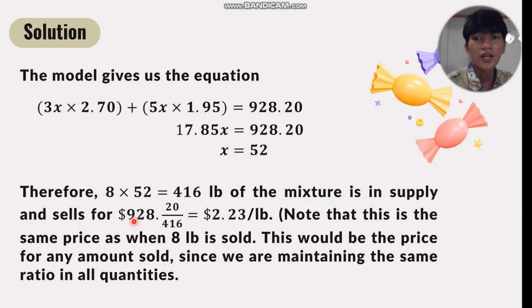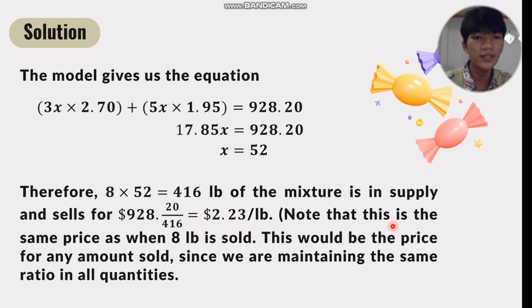$928.20 divided by 416 pounds is $2.23 per pound.